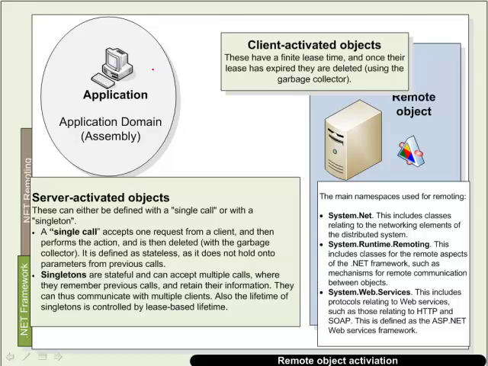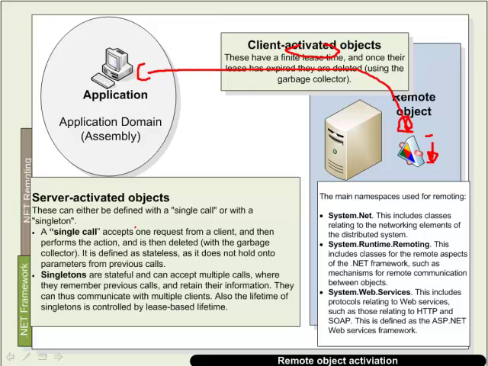The difference really is that in client activated objects, the client itself has control over the lifetime of the object. So with this, we typically define a lease time, and then once the lease time is up, it will be automatically deleted by the garbage collector.